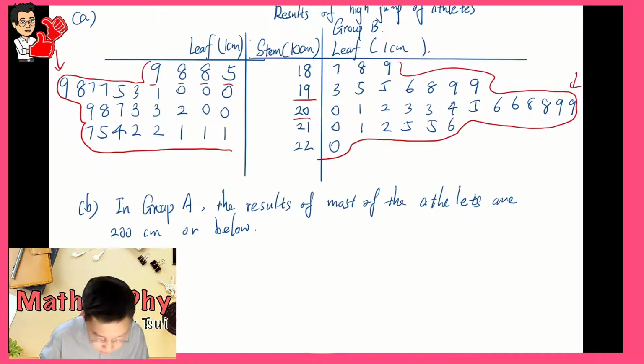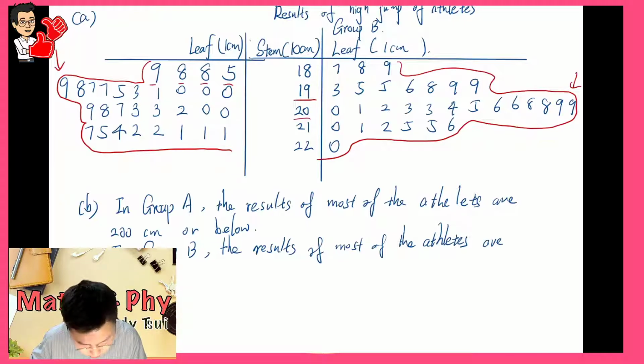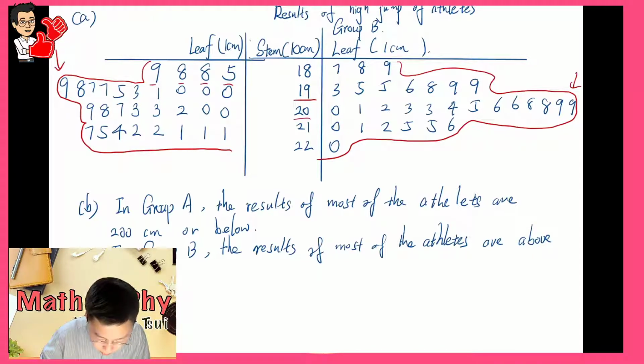And in group B, the results of most of the athletes are above 200 cm.